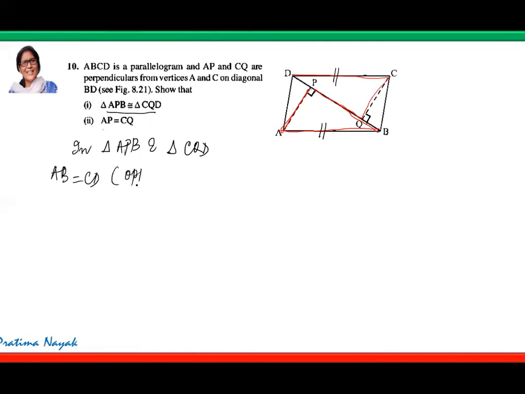Opposite sides of parallelogram, pair of opposite sides. Next, one 90 degree I can take. These two are 90 degrees. Angle APB is equal to angle DQC, both are 90 degrees because they are perpendicular.